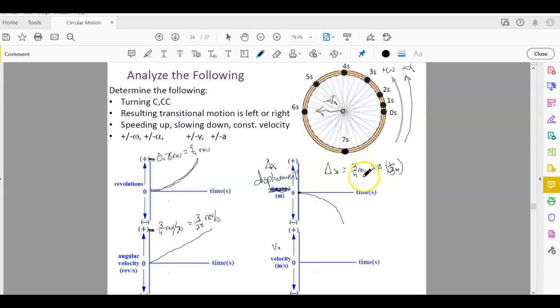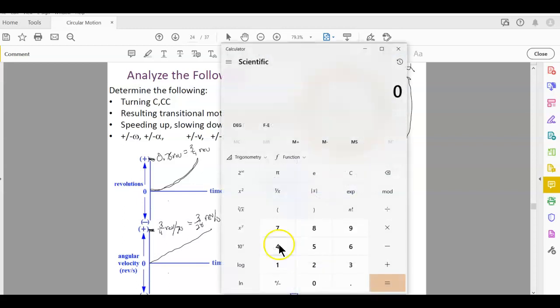Okay. So that means the distance or displacement it's going to get to in the x direction is going to be 3 divided by 3, so that's 2 divided by that, so it's 1/2, so it's going to be 3.14 divided by 2. So this is basically going to be pi divided by 2.